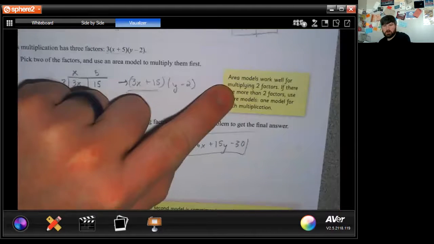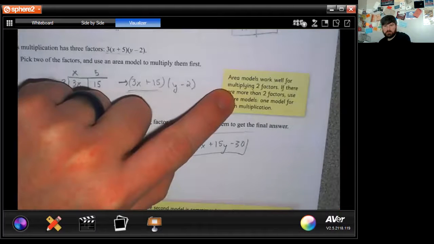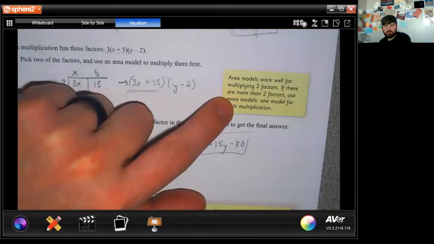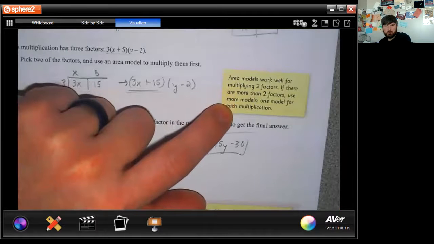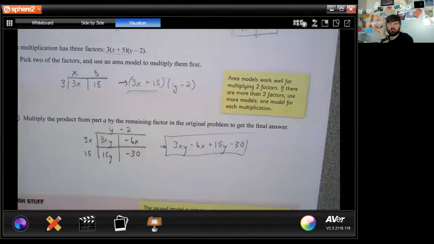Area models work well for multiplying 2 factors. If there are more than 2 factors, use more models, 1 model for each multiplication. So we're only doing multiplication by parts, essentially, instead of doing it all at once. If we were able to model a 3D multiplication in real life, we would actually be able to hold it and move it.